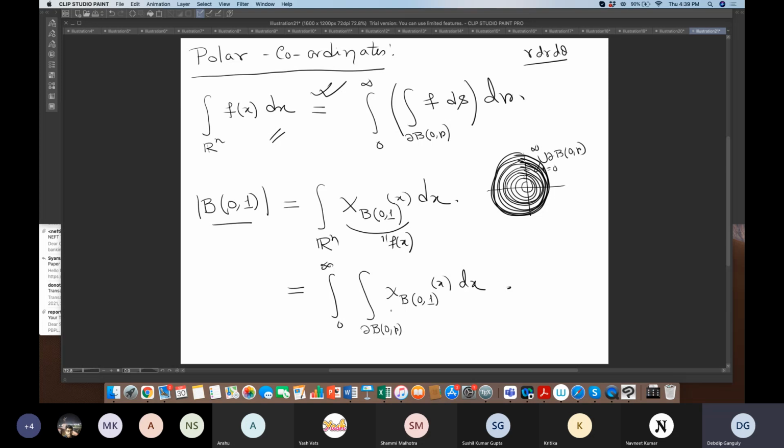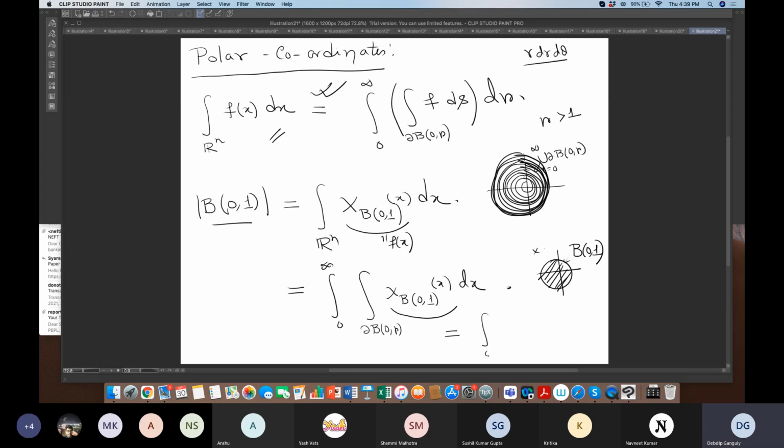Now I write down the characteristic function of this one. So r goes from 0 to 1. When r is greater than 1, this does not make sense because the characteristic function is 0, so you have to consider only this ball, B(0,1). Outside, this is 0.